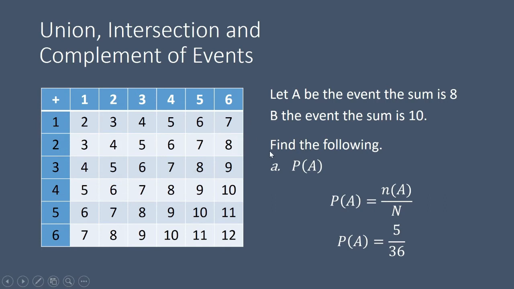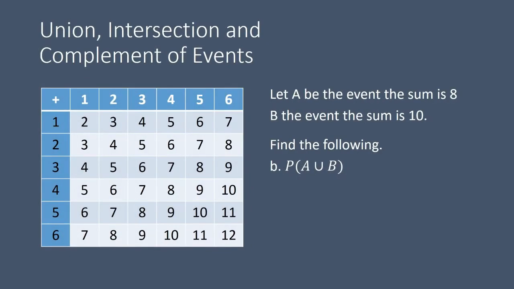The sum of 8 can happen in 5 ways: 6 and 2, 5 and 3, 4 and 4, 3 and 5, 2 and 6. So n of A is 5, divided by n. So P of A, the probability that the sum is 8 in one roll of a pair of dice, is equal to 5 over 36.